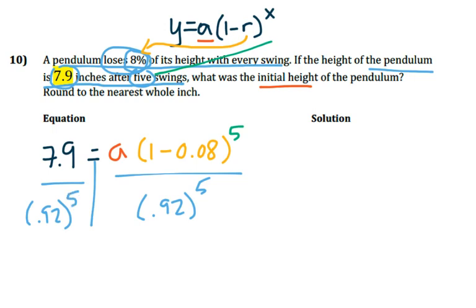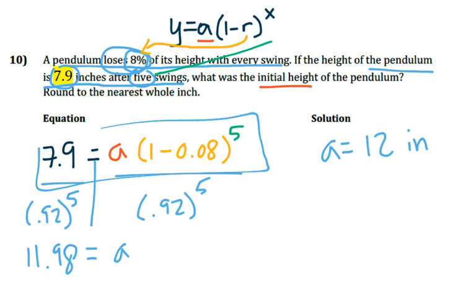And this will simplify to a being equal to about 11.98. Now, it did ask us to round to the nearest whole inch, so our solution is that a is equal to 12, or we could say 12 inches. I've boxed our equation, and I've boxed the solution.